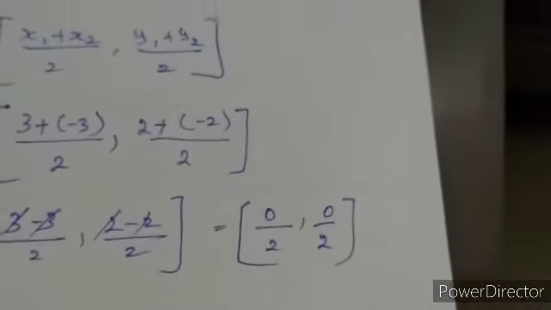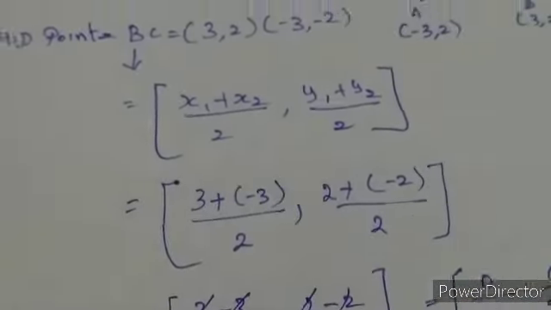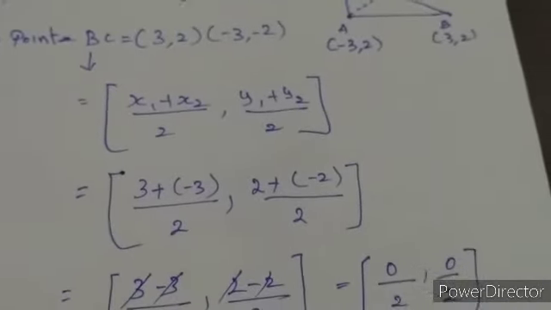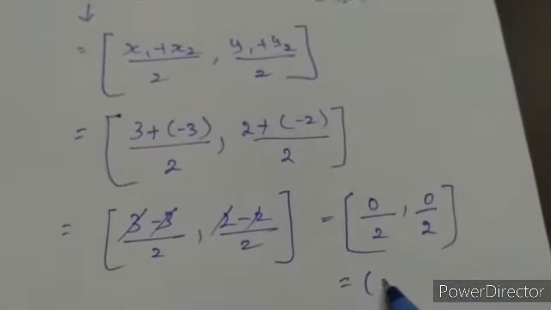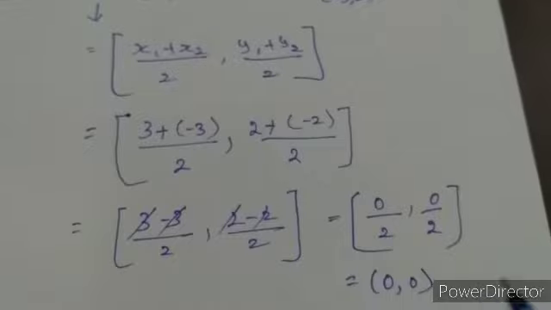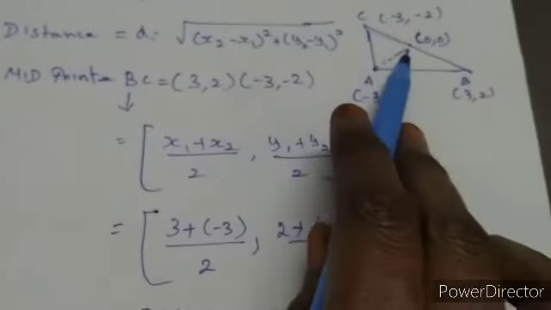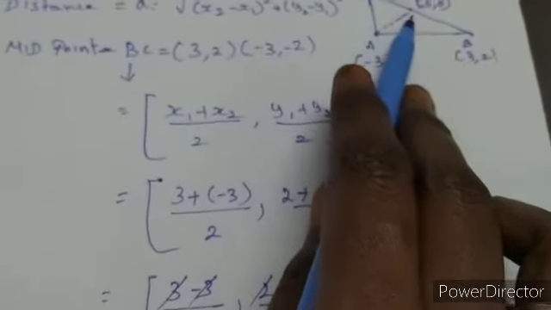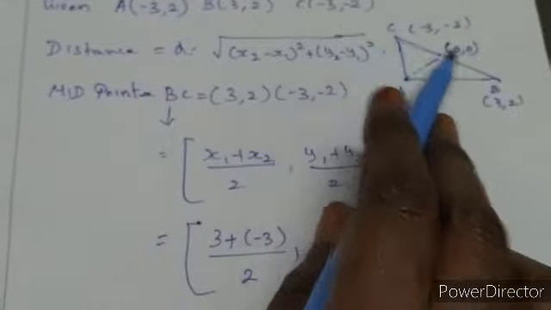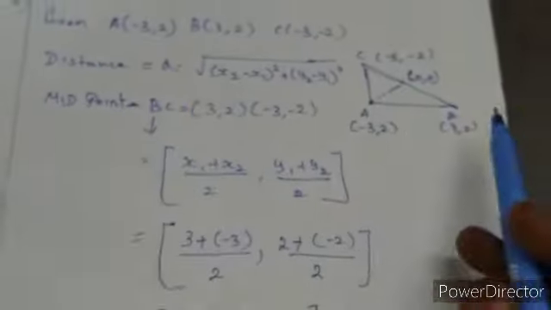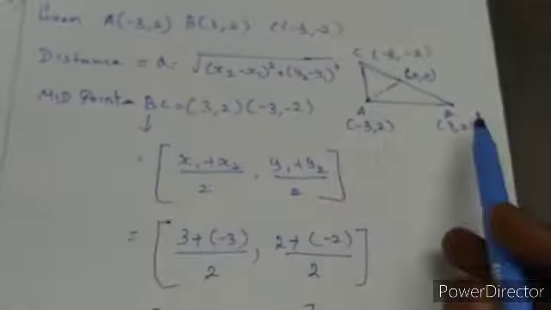Okay, what I want to prove in this given question: the midpoint of the hypotenuse side, that is 0 comma 0, should be equal in distance to the vertices. Now by applying the distance formula, I am going to find the value of BC.